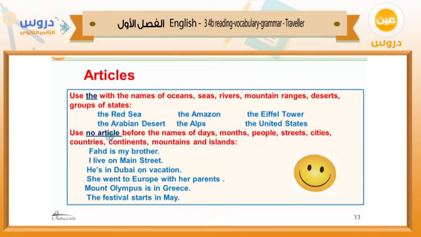We use no article before the names of days, months, people, streets, cities, countries, continents, mountains, and islands. For example, Fahd is my brother. It's the same also in Arabic. We don't say the Fahd is my brother. Fahd is my brother. We don't have to put the because we already know that Fahd is a proper name.